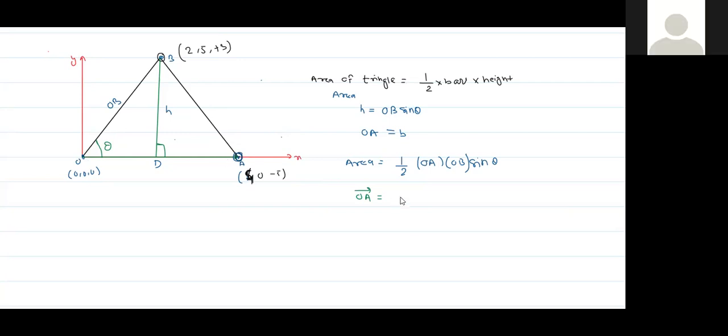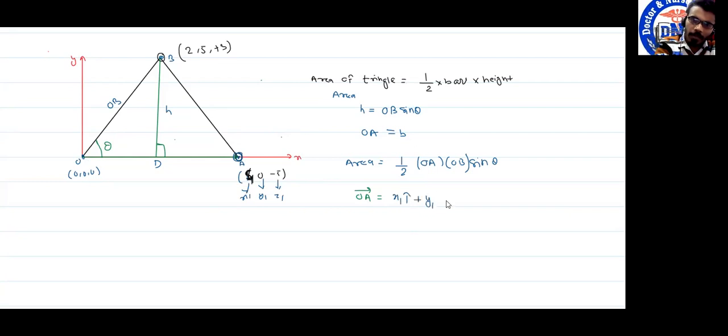You know the x1, you know y1, you know z1. So the OA vector is x1 i cap plus y1 j cap plus z1 k cap.